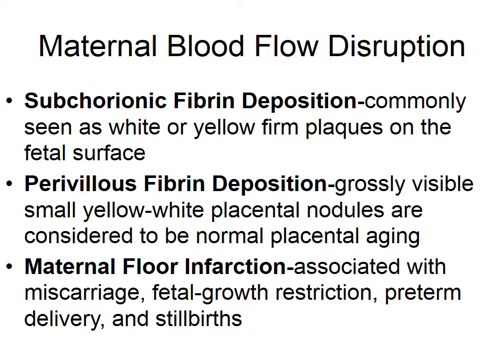Blood stasis specifically occurs in the subchorionic area, and lesions that develop are commonly seen as white or yellow firm plaque on the fetal surface.